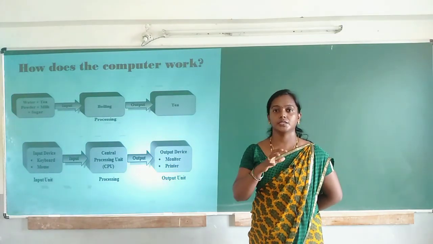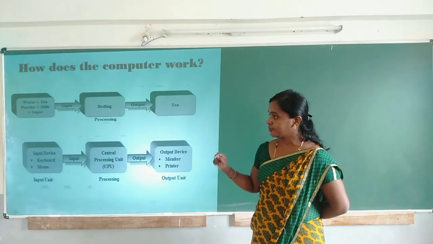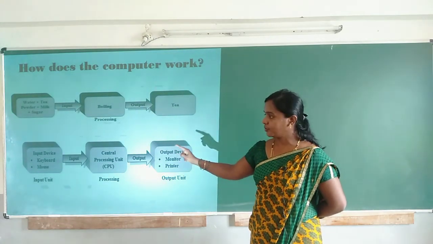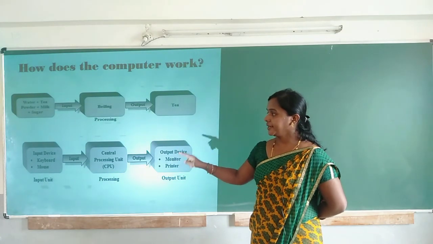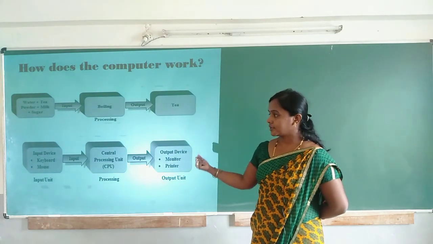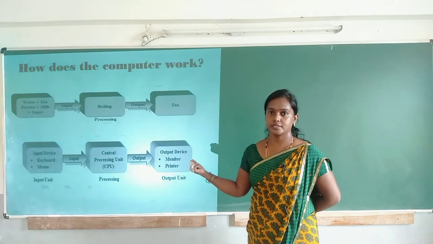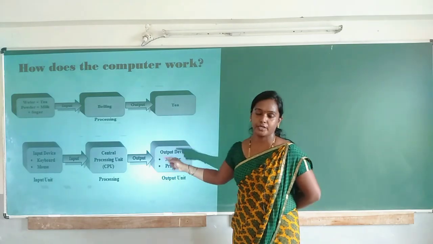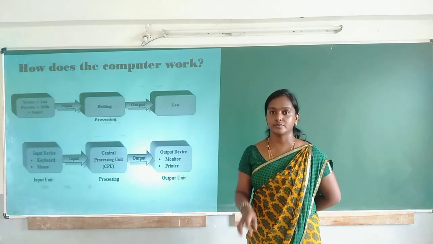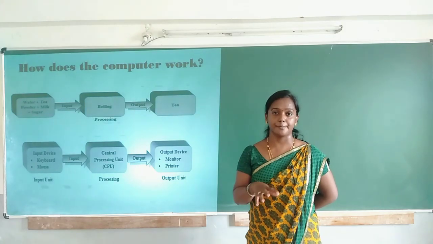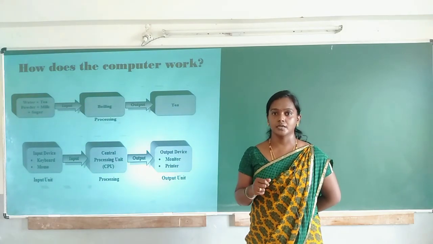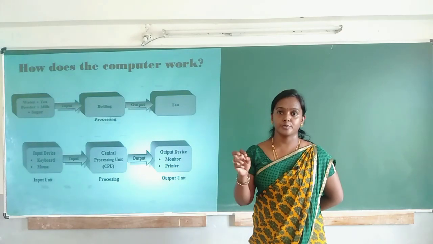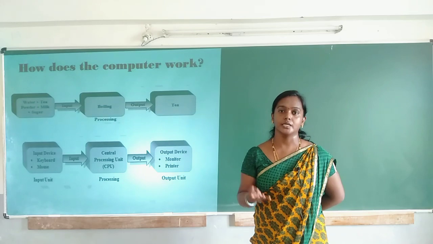In the same way we use data as input. We give that input through input devices like the keyboard and mouse. From the input devices we transfer it to the central processing unit, the CPU. You know about the CPU; nowadays we use laptops, so we are not able to see the CPU. The CPU is where we have memory and everything.